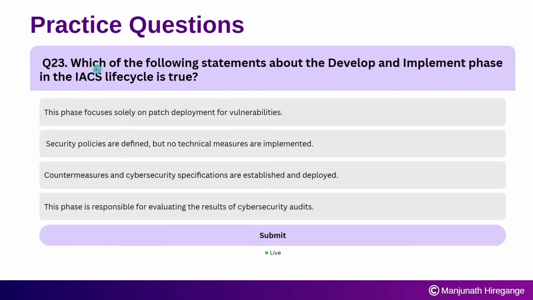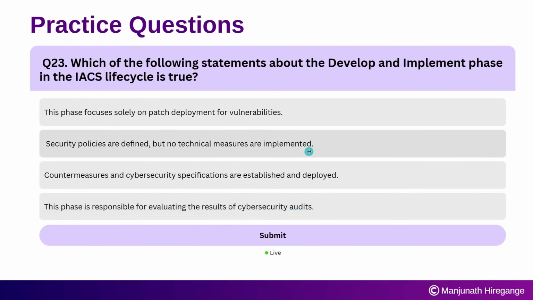Question number 23. Which of the following statements about the development and implement phase in the IACS life cycle is true? This phase focuses solely on patch deployment for vulnerabilities. Security policies are defined but no technical measures are implemented. Countermeasures or cybersecurity specifications are established and deployed. This phase is responsible for evaluating the results of cybersecurity audits.